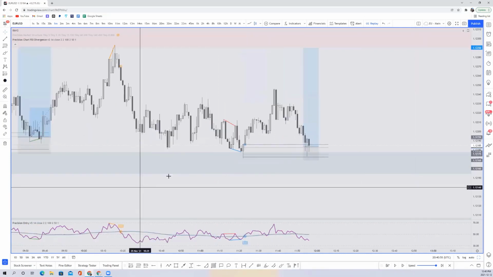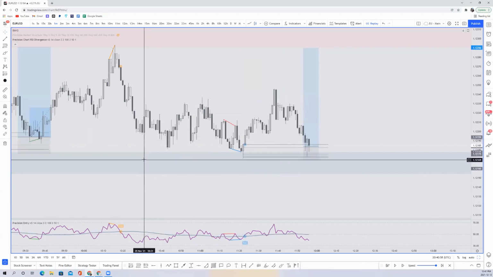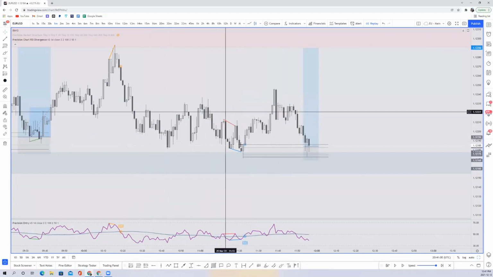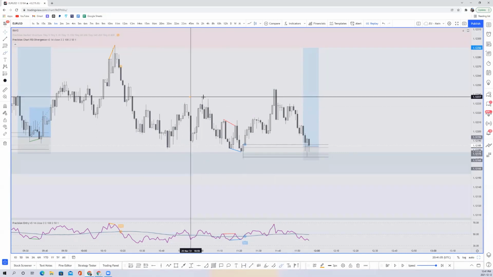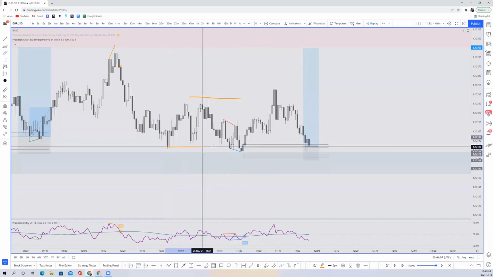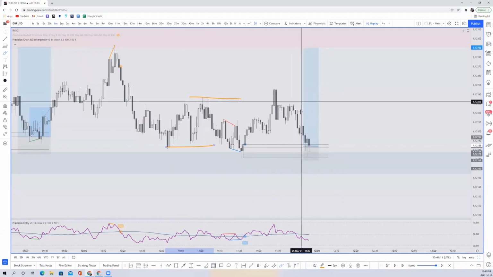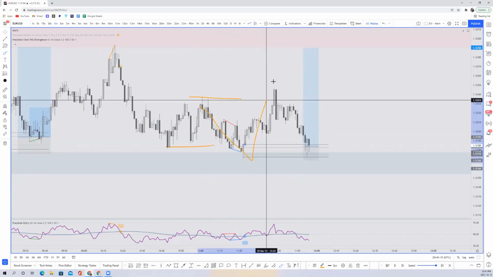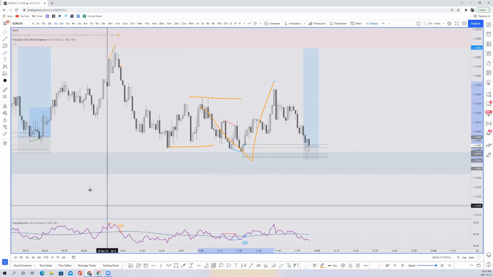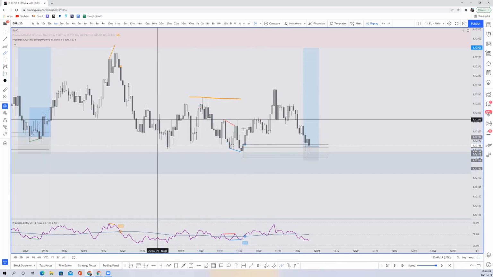But do you see how we didn't really do anything in this 2-hour window when Asia went home? And if you guys were paying attention earlier, I was saying if one of these swing points gets broken, it is likely a wick below and a wick above on the 15. So this right here was a chalk down, chalk up on the 15, which did give us a buy.